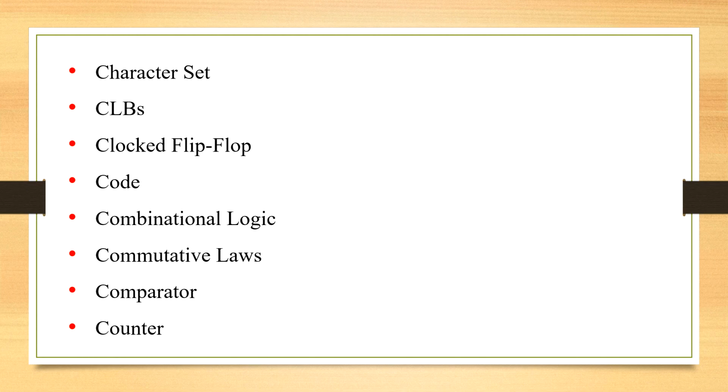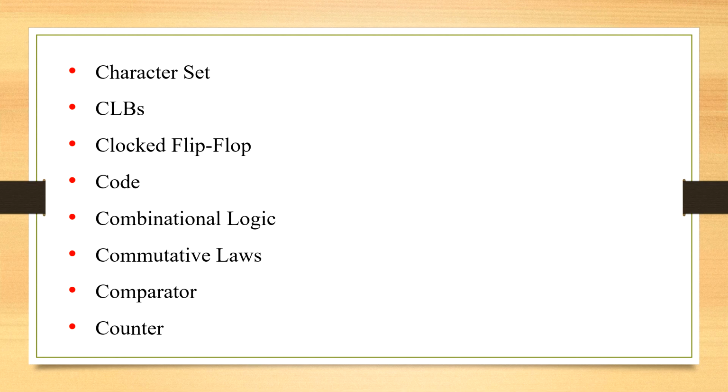Next one, clocked flip-flop. A flip-flop which is allowed to respond to its excitation inputs only at the occurrence of a clock pulse is called a clocked flip-flop. Next one, code.